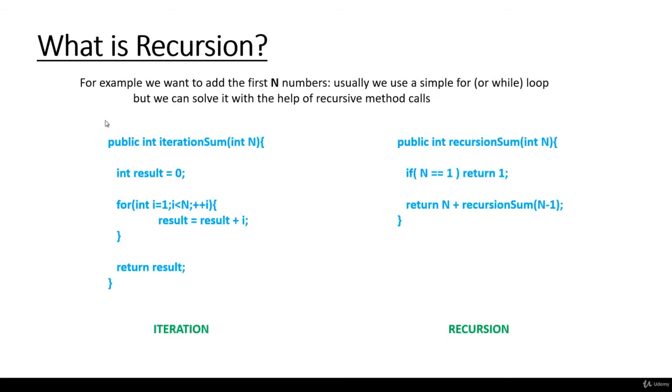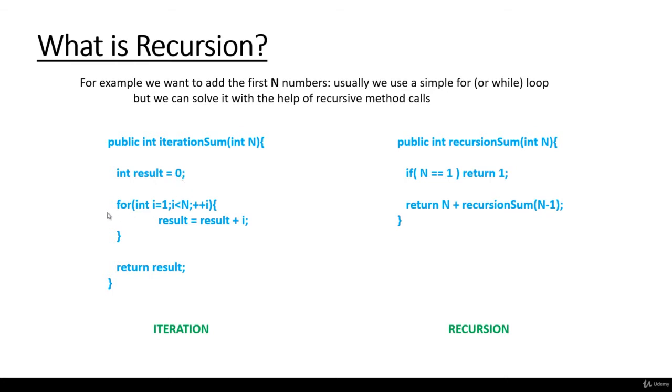Okay, so let's take a look at a concrete example. If we want to add the first n integers, we can use iteration, a simple for loop basically, or we can use recursion, as you can see, where we call the same function over and over again. So let's take a look at the iterative approach. We have integer n, we define a result and initialize it to be 0.